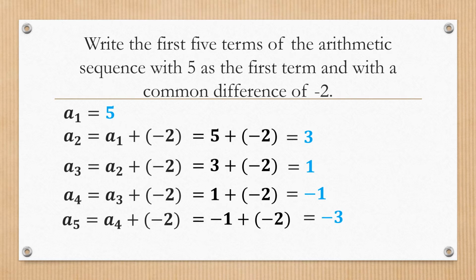So the fifth term is -3. As you notice, we simply add the common difference to the preceding term to get the next term. So therefore, the first 5 terms of the sequence are 5, 3, 1, -1, and -3.